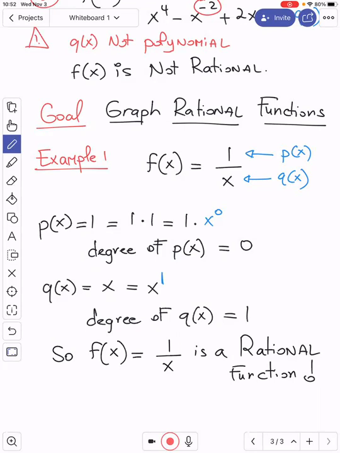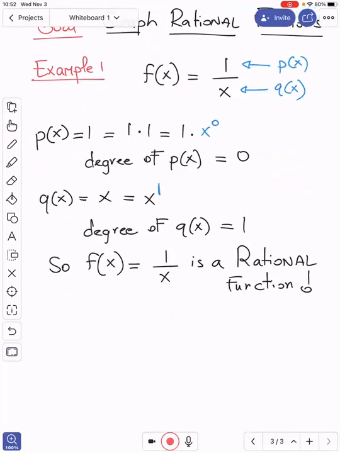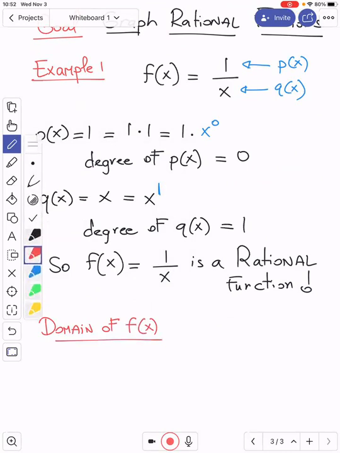Okay. All right. So before the graph, guys, I'm gonna make a table of values. Well, before the table of values, let me just make one remark about the domain of f. This is kind of important. So the domain of f, f of x is just 1 over x.